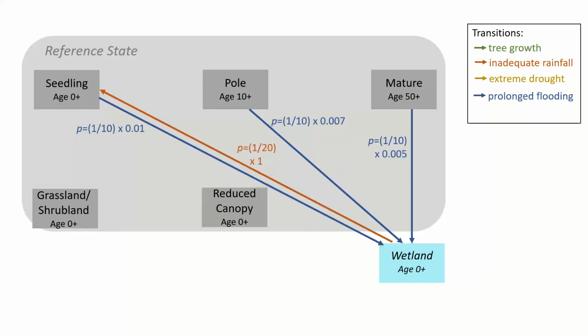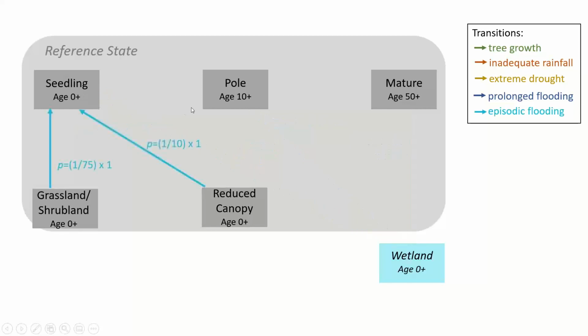And I think also at this time, we added in a transition of you could move back from the wetland. Actually, this should have been earlier, I guess. For inadequate rainfall, that 1 in 20 event, you could move back with a probability of 1. If there was inadequate rainfall, you could move from a wetland back to a seedling.